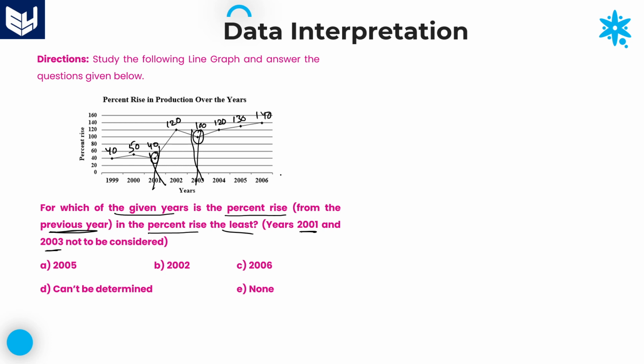See, for 2001 compared with the previous year, the value decreases. Because of that reason, he is saying that 2001 is not to be considered.